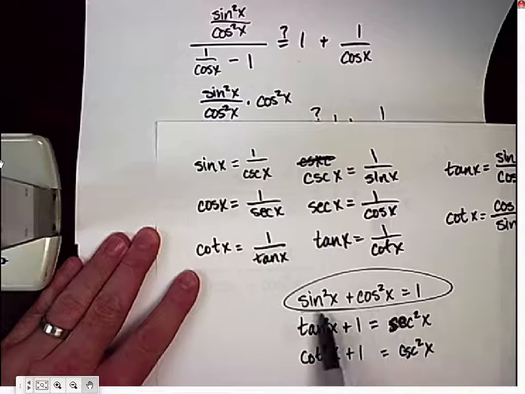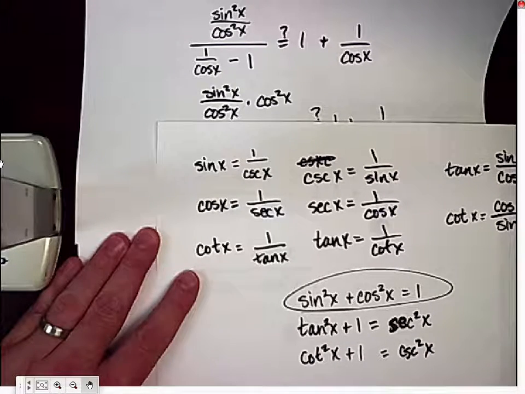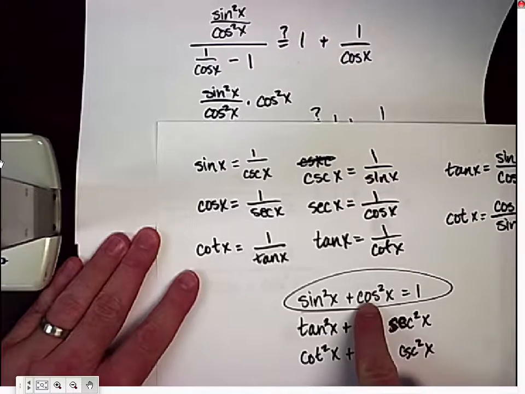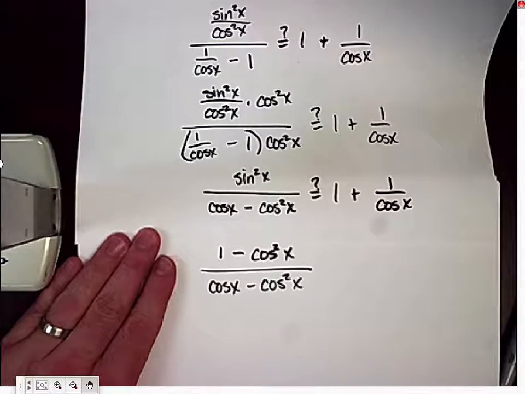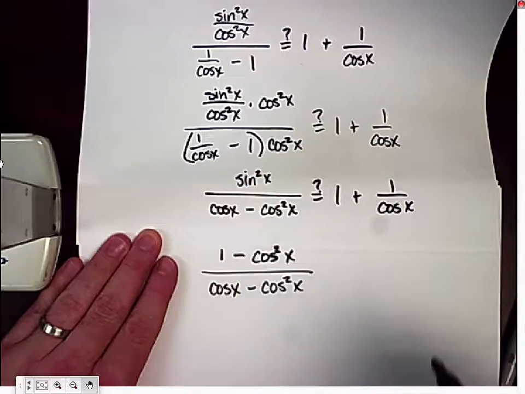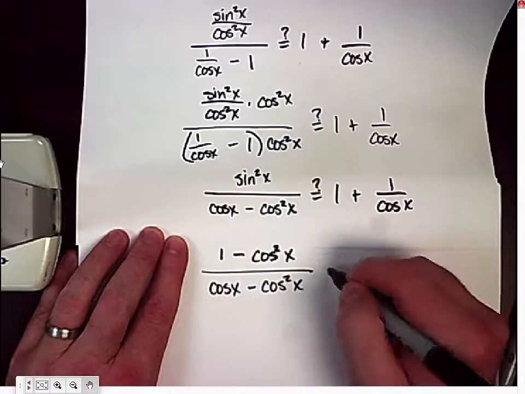Look up here, Rick. If you solve that for sine squared, what would it be? 1 minus cosine squared. Sine squared is 1 minus cosine squared x. She got it.